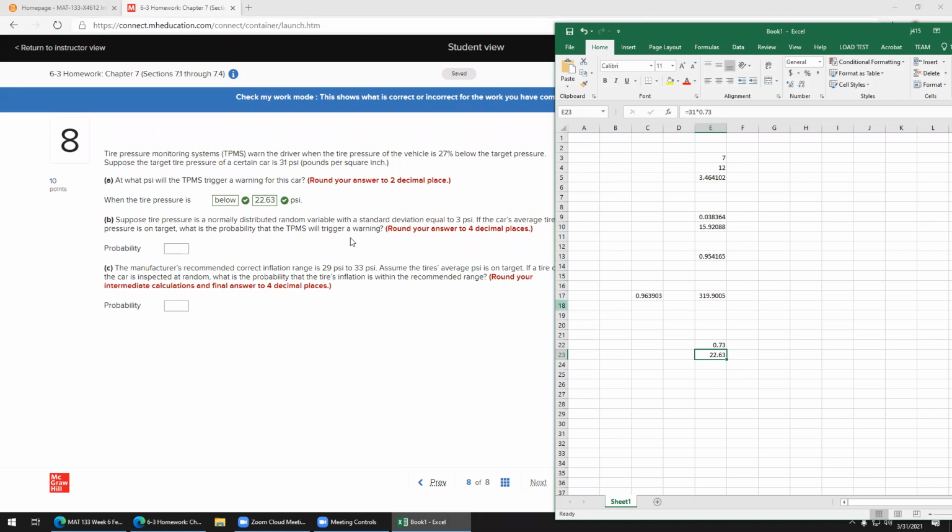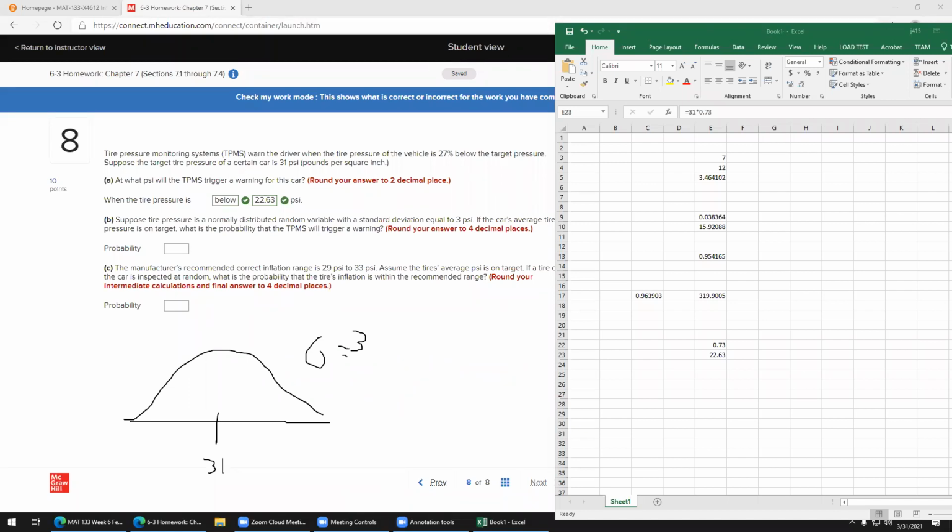Now, I will use that information. This will become my X value when I draw out the problem, right? So suppose the tire pressure is normally distributed with a standard deviation of 3 PSI. So there's my 3. The average car has 31, right?